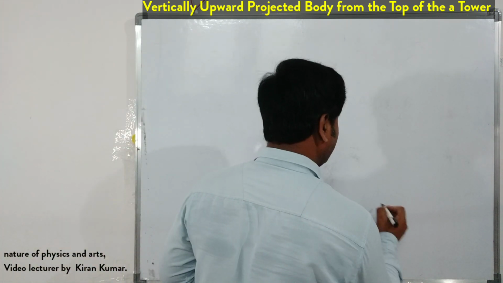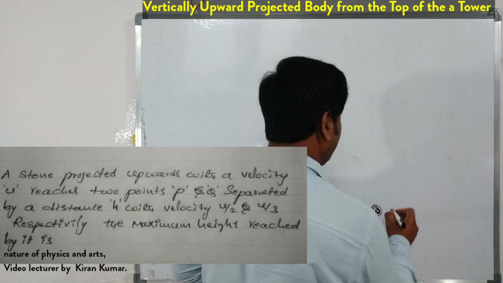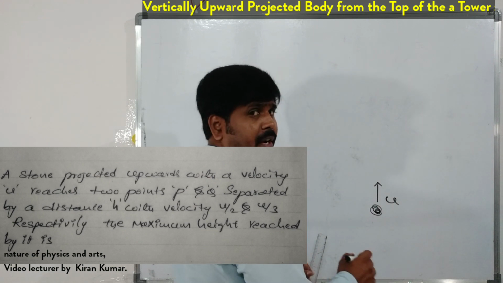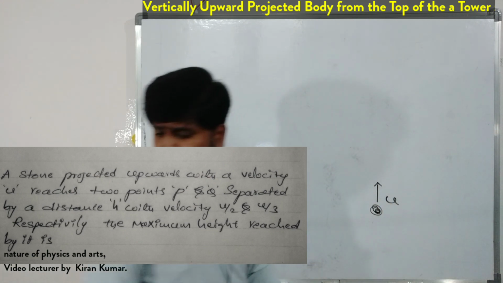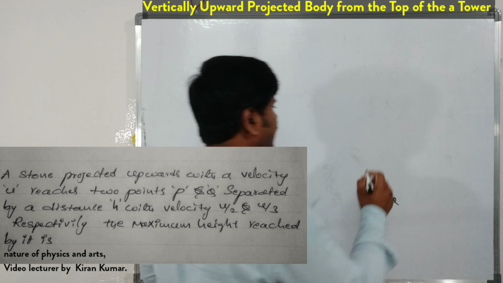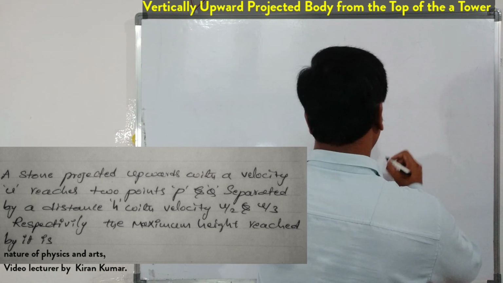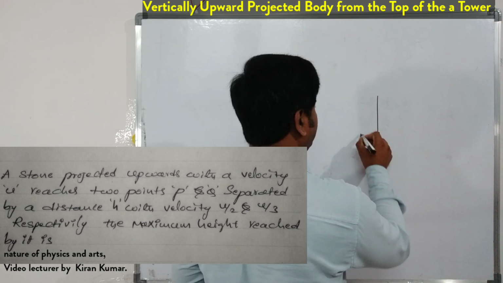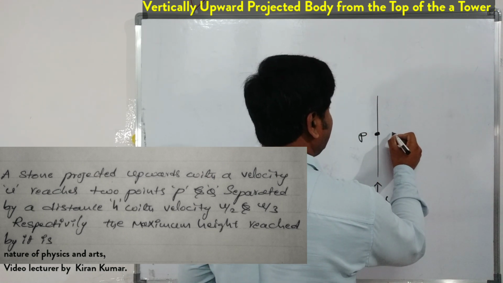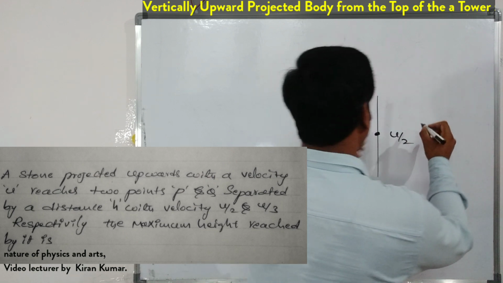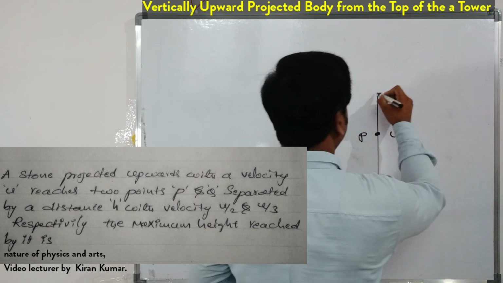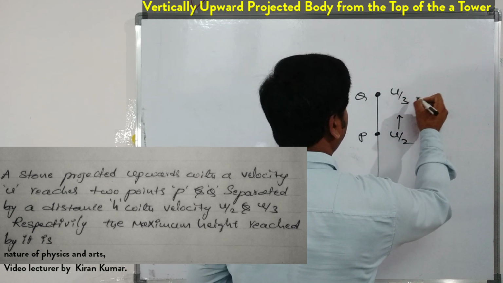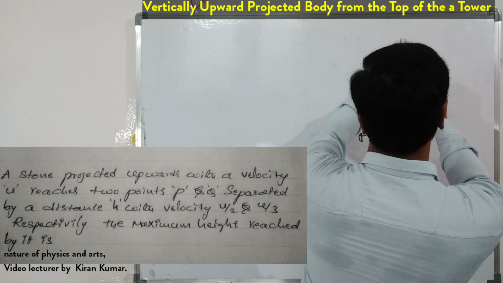Here the body is projected with initial velocity u. It reaches two positions, given as P and Q. This is a vertically upward projected body, so it reaches the P position where the velocity is u by 2, and it reaches the Q position where the velocity is u by 3 in the upward direction.